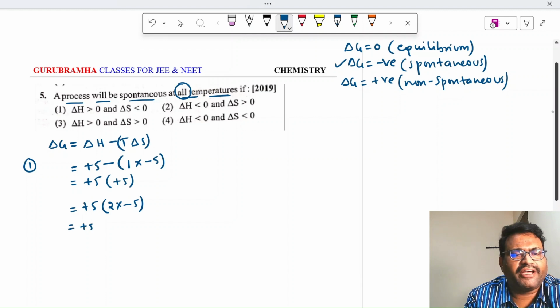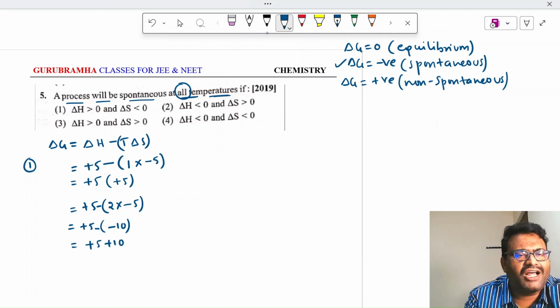So plus 5 minus of minus into minus again plus. So 2 into, here what do we get? 5 2s 10, right? Minus of minus 10, that is equal to plus 5 plus 10. So always here we may be getting 0, for example.